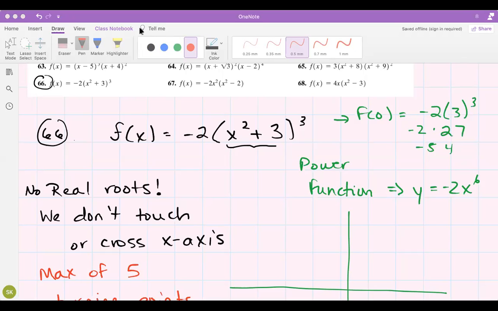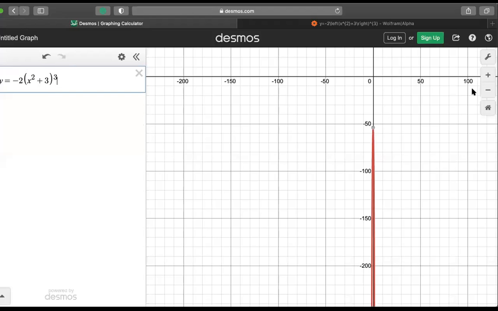Maybe it'll give me a better idea of what it looks like, and I'll show you both. Okay, so I'm going to share my screen. So this is what I got.